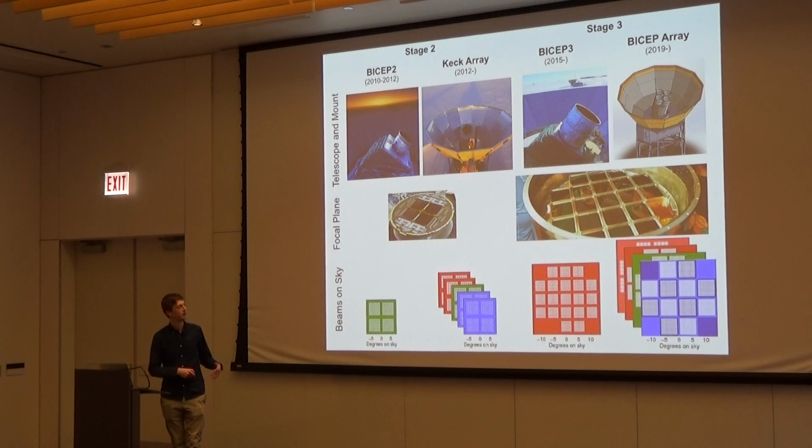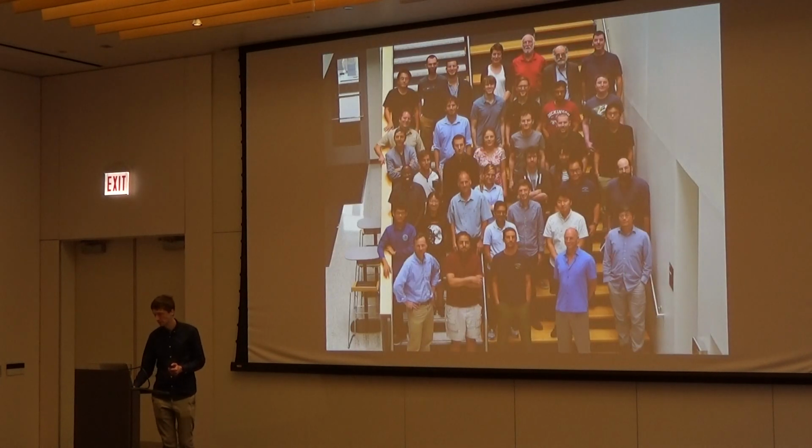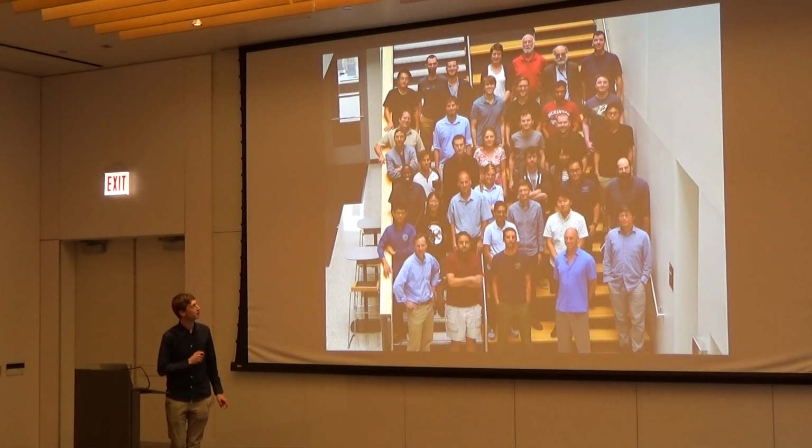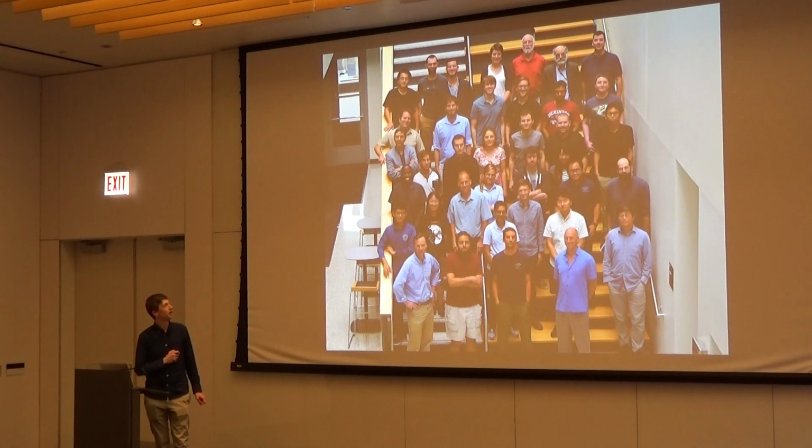And so this is still building on this same program of small aperture telescopes at the South Pole. Very high throughput, a lot of detectors at high sensitivity, and extremely good control of systematic errors to make these deep measurements.